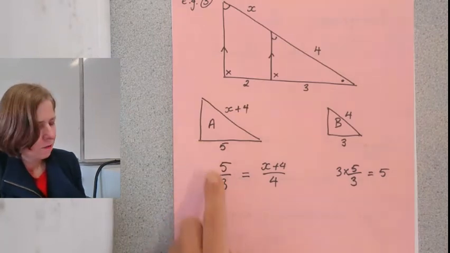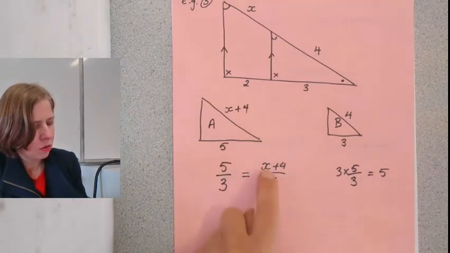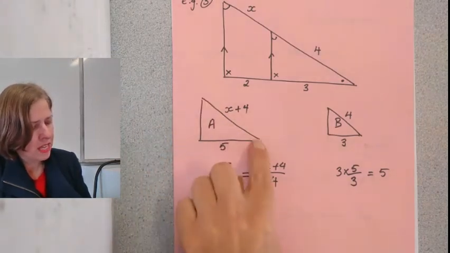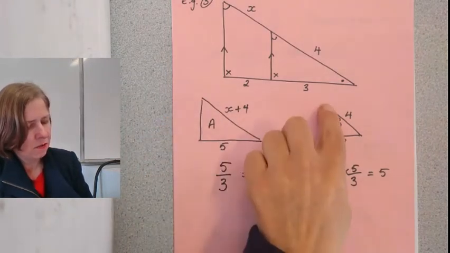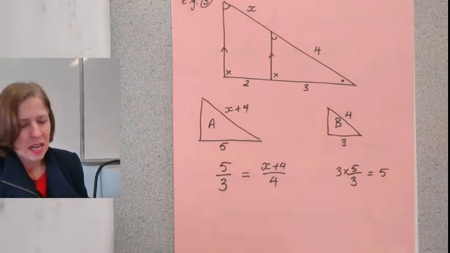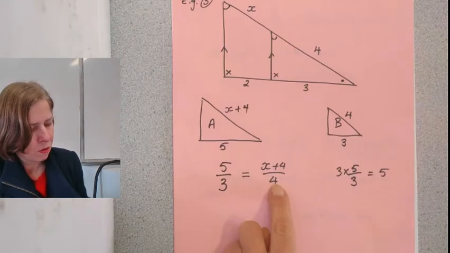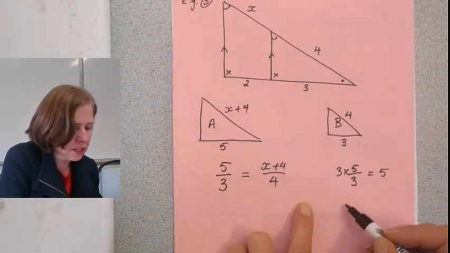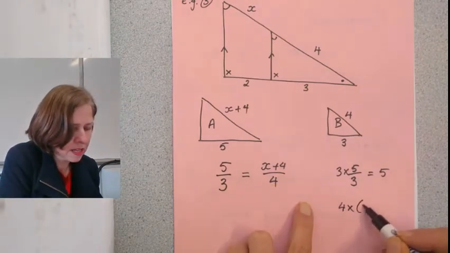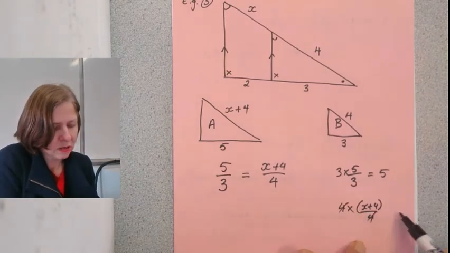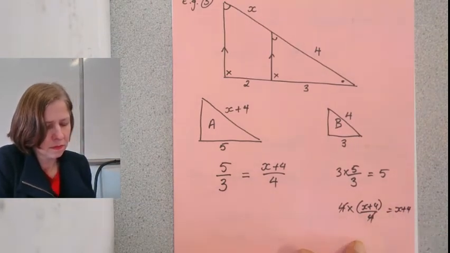Therefore, 5/3 has to equal x plus 4 over 4 because that's the ratio of these two sides, this one divided by this one. If I multiply 4 times x plus 4 over 4, these 4's will cancel and I'll get x plus 4.